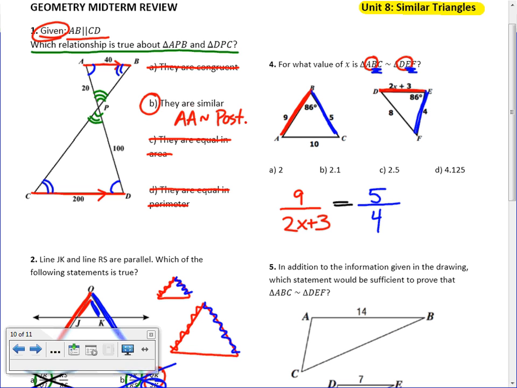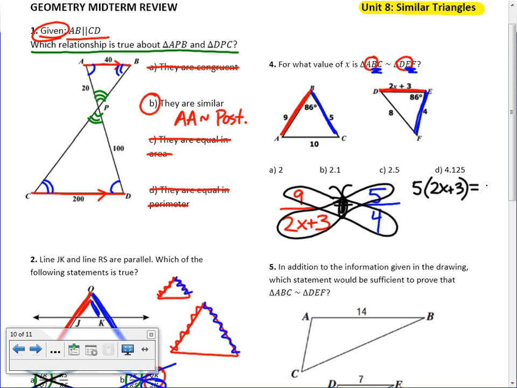So if I cross multiply and make the butterfly, oh yeah, I did it. I'm going to come up with the following equation. 5 times the quantity of 2x plus 3 is going to be equal to 9 times 4.